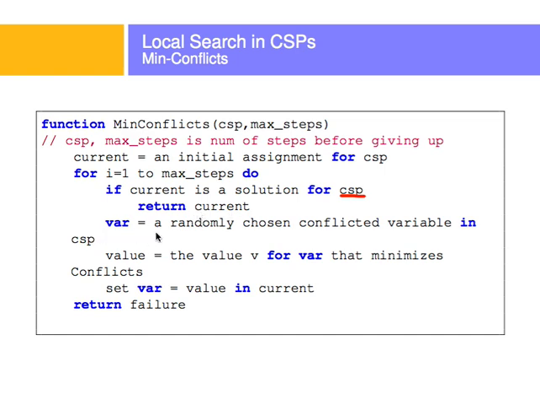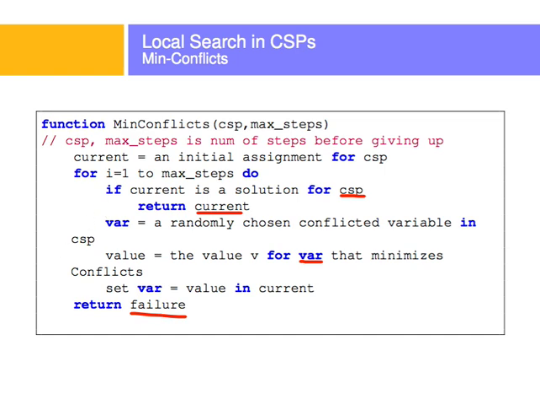If not, we choose a random conflicted variable in the CSP, look at that variable, and pick the value that minimizes conflicts. We put that in current, and we do this for however many steps. At some point, current will be the solution. If not, then we return failure.